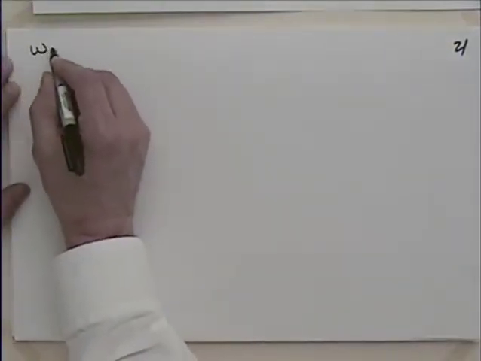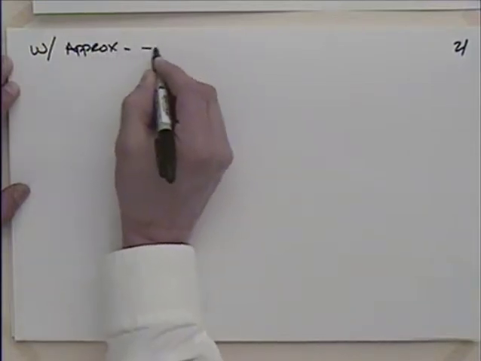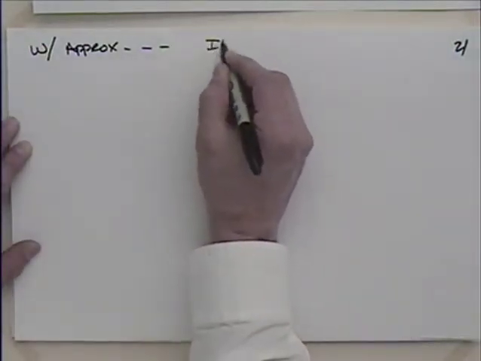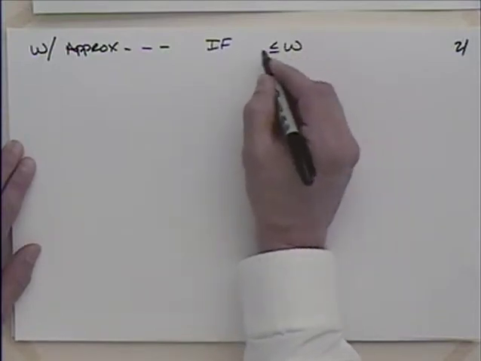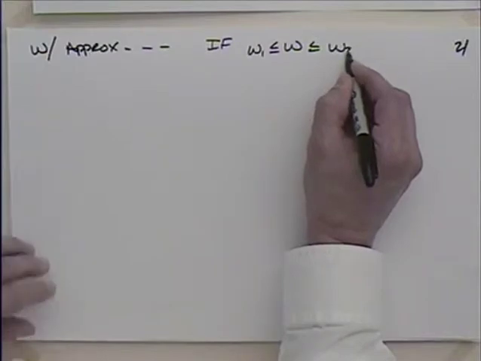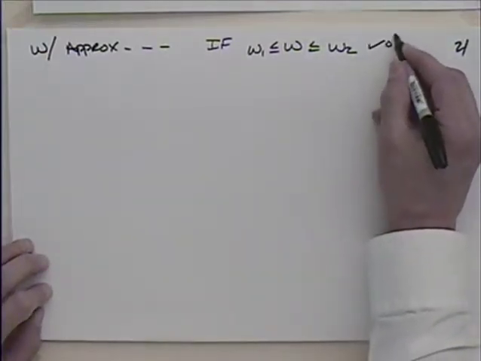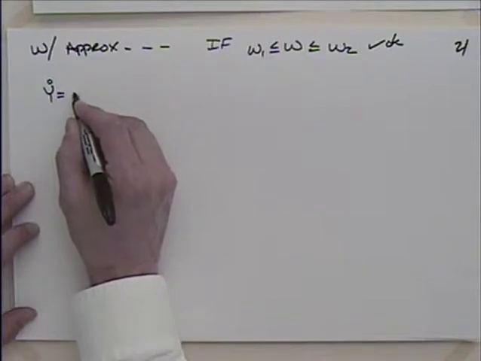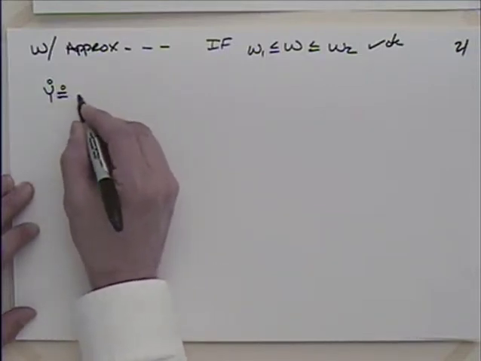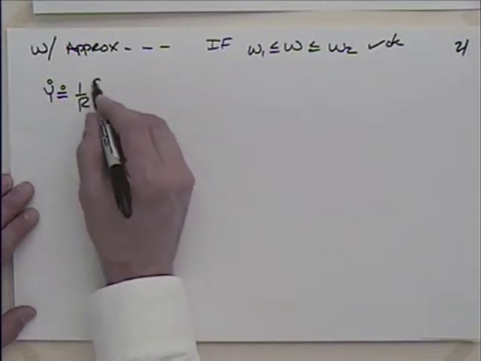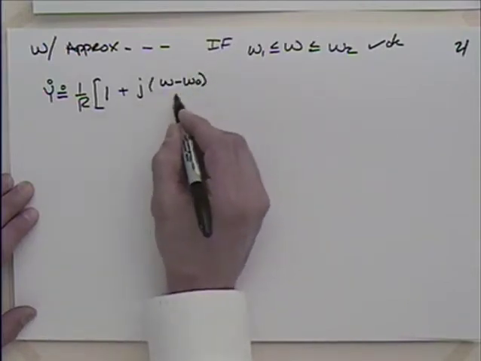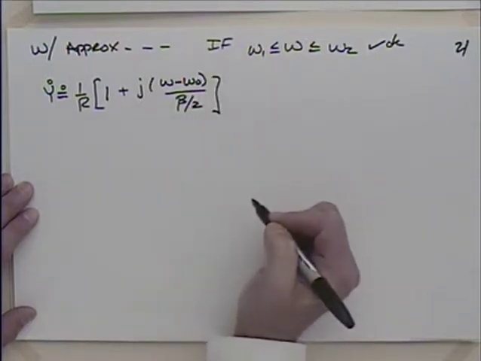So with the approximation, we saw that if the frequency we're driving at is between omega 1, the low half-power frequency, and omega 2, which it is, since our frequency is 10,500, we could use the approximation that the admittance is approximately equal to 1 over R times 1 plus j, and then we just had omega minus omega naught divided by the bandwidth over 2.